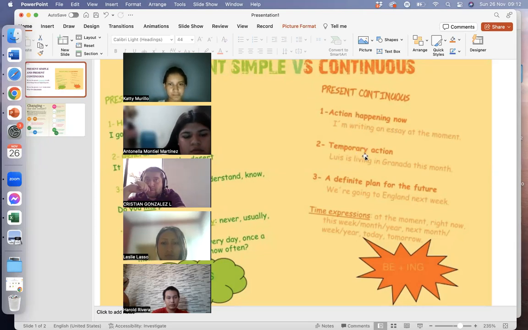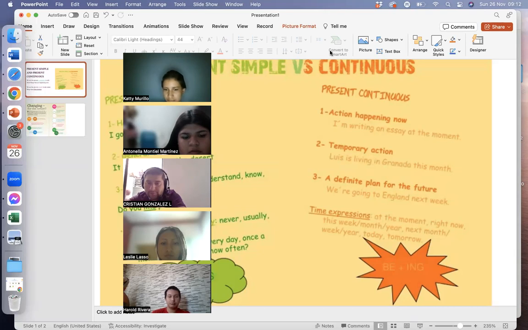Temporary action. Remember yesterday we were saying the difference between when we use present simple and present continuous. So this is very important. The key word here, or the most important word here, is temporary. Temporary means that it is not for a long duration. It is for a short period of time.